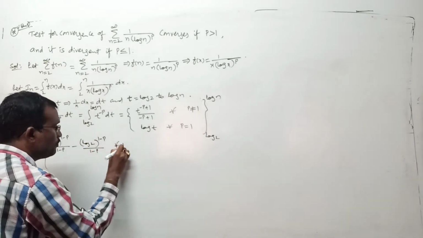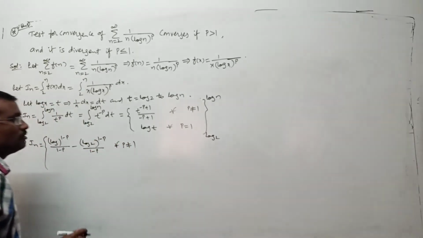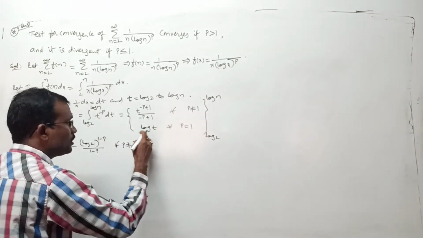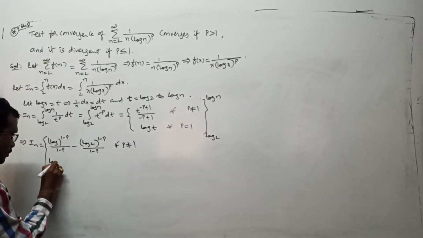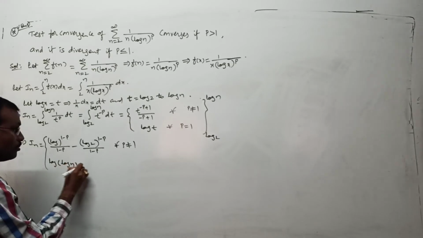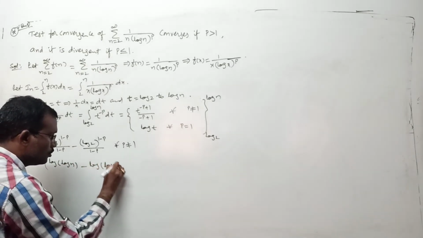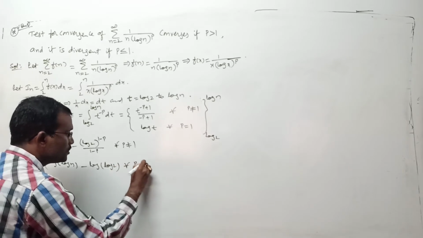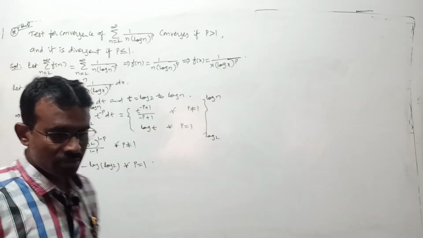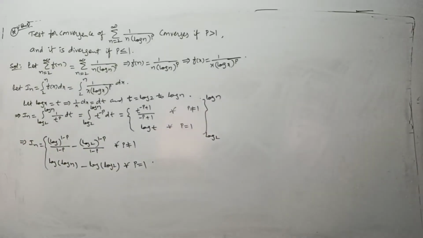This is true for all p not equal to 1, ma. When p equal to 1, it is log of log n minus log of log 2, for p equal to 1, ma. These are the total situations we have, ma.